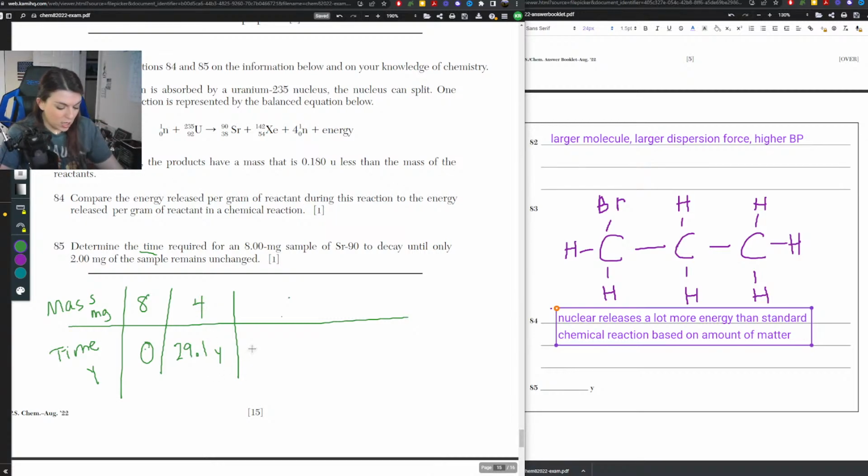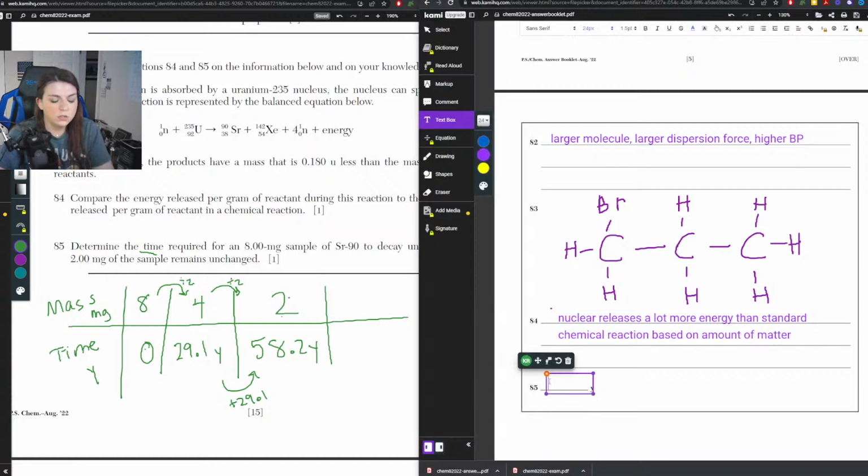And after another 29.1 years, let's see. The total time passed will be 58.2 years, and I will cut in half. Divide by 2, and divide by 2. So I take my 4 milligrams, cut them in half, and now I have 2 milligrams, and then that should be it. So the final answer should be 58.2 years.